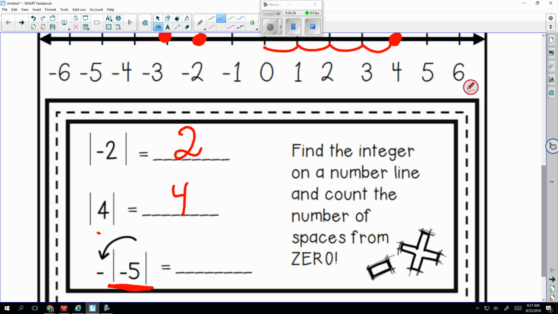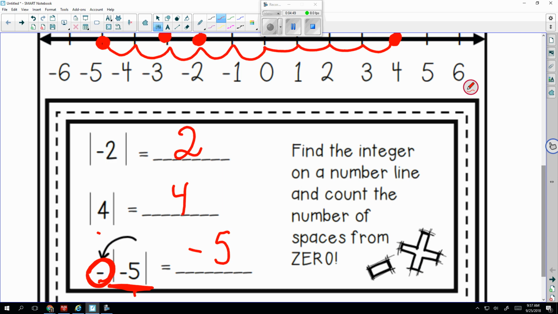We say the absolute value of -5 is... Where's -5? How far is -5 from 0? 5. But it wants the negative value of that, because there's an extra negative out here. So what's the answer going to be? -5. That one's tricky.